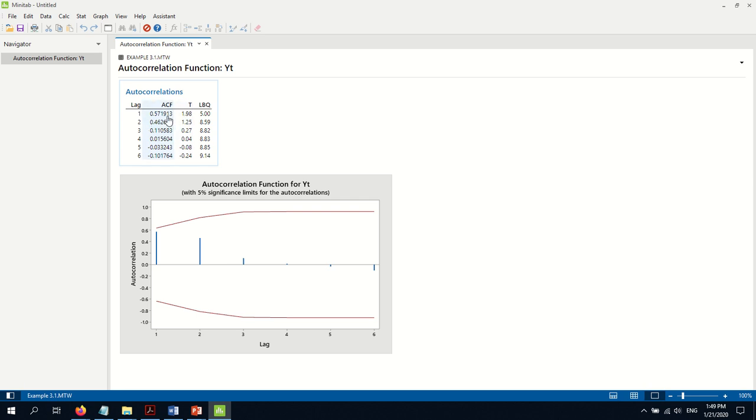For example, regarding the lag 2 autocorrelation coefficient, we have a t-test statistic of 1.25. We can test the significance by comparing the t value with the t-test critical value.